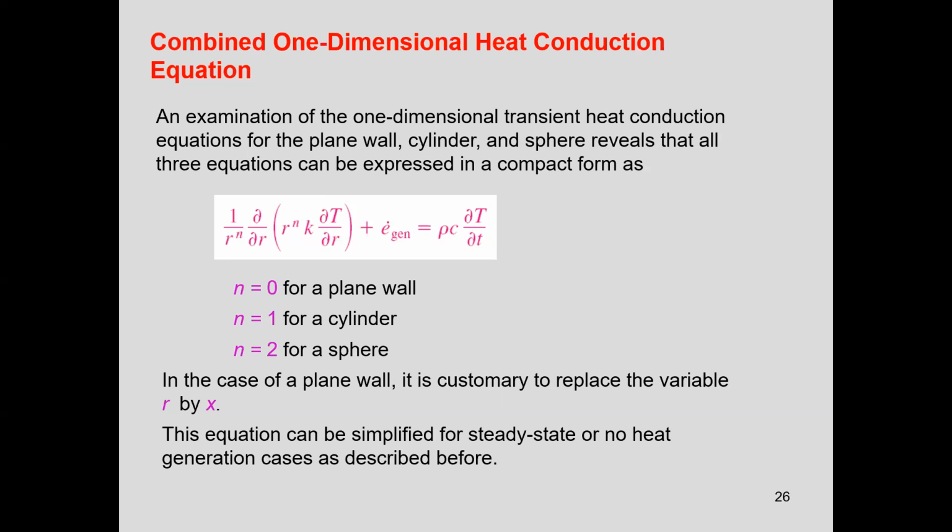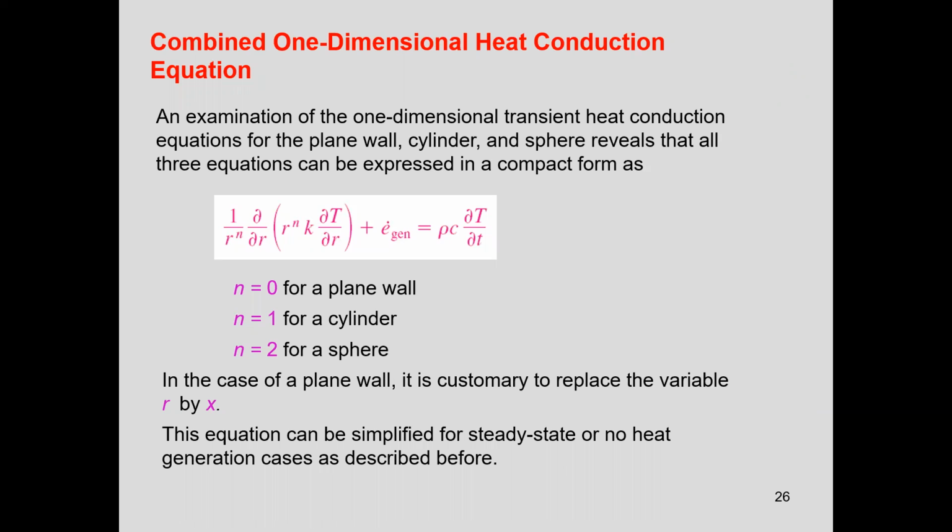We can actually combine all of this into one equation, which is a combined one-dimensional heat conduction equation. An example of the one-dimensional transient heat conduction equation for the plane wall, cylinder, and sphere reveals that all three equations can be expressed in a compact form, where n equals 0 for a plane wall, n equals 1 for a cylinder, n equals 2 for a sphere.